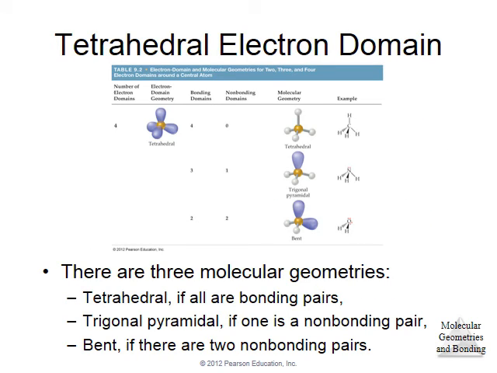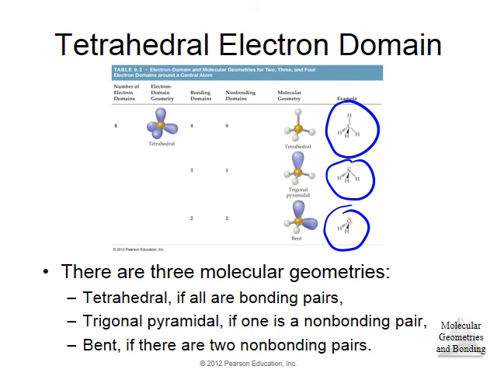Tetrahedral electron domain, you can see here tetrahedral electron domain. I already mentioned all these examples. Like the first one is methane, then ammonia with 1 pair of electrons sitting on nitrogen, and then water with 2 non-bonding electron pairs sitting on oxygen.